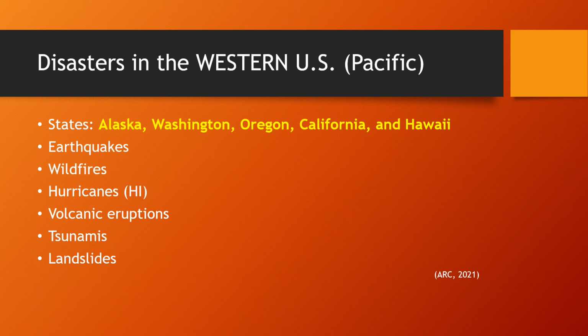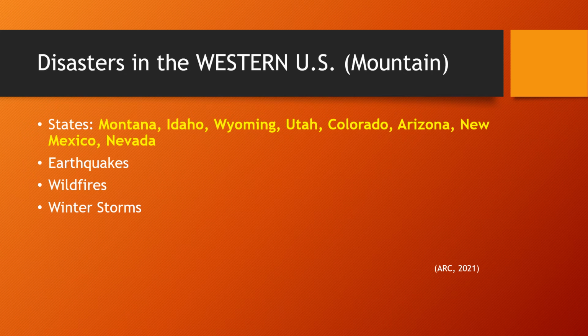Hawaii has hurricanes, volcanic eruptions, tsunamis, and landslides. The mountainous western United States include Montana, Idaho, Wyoming, Utah, Colorado, Arizona, New Mexico, and Nevada. These states are most prone to earthquakes, wildfires, and winter storms.